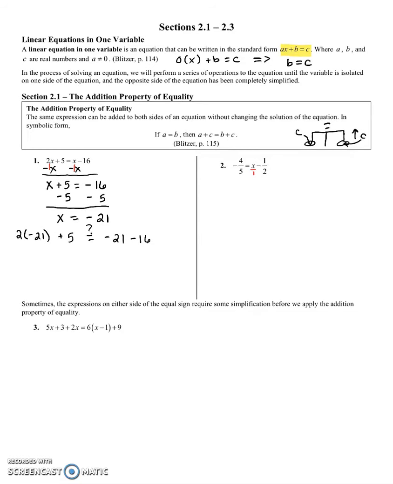Well, 2 times negative 21 is negative 42 plus 5. And negative 21 minus 16 gives us negative 37. Negative 42 plus 5 is indeed a negative 37. So yes, that checks out.